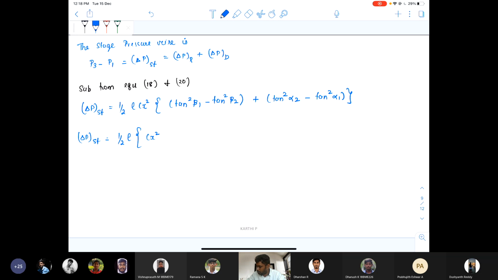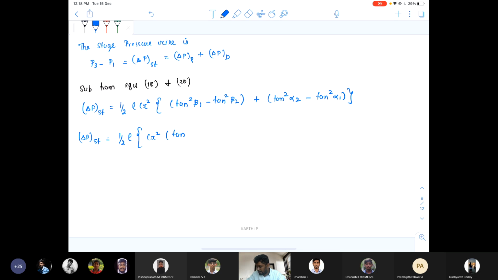Cx square into tan square beta 1 minus tan square beta 2 will be equal to tan beta 1 plus tan beta 2 into tan beta 1 minus tan beta 2. This equation has been expanded as tan beta 1 plus tan beta 2 into tan beta 1 minus tan beta 2. We have expanded this equation in this form.